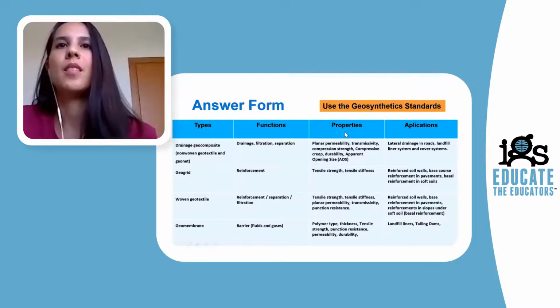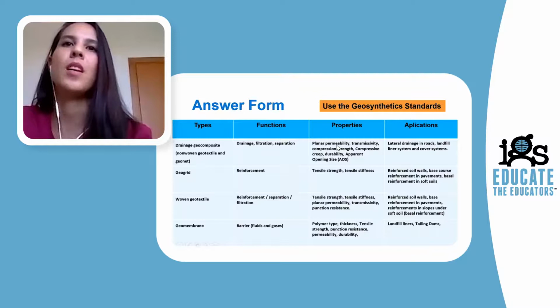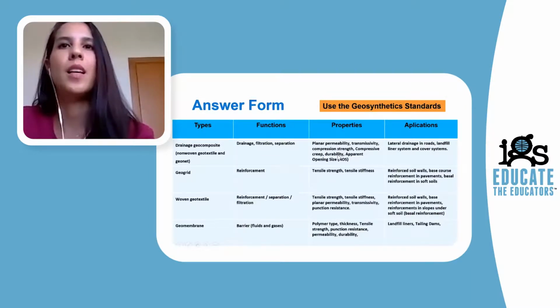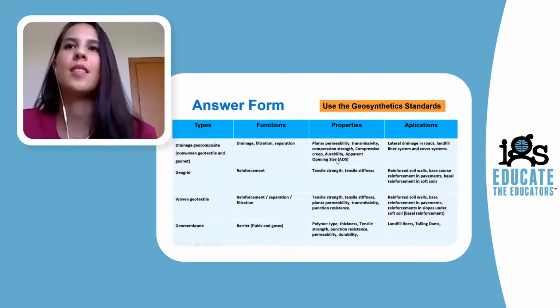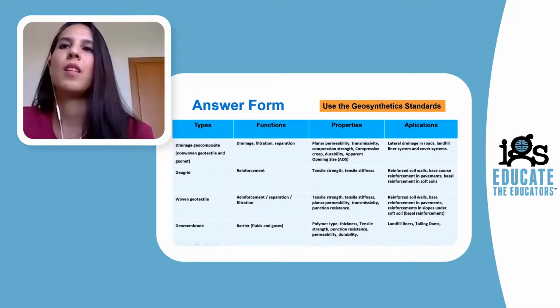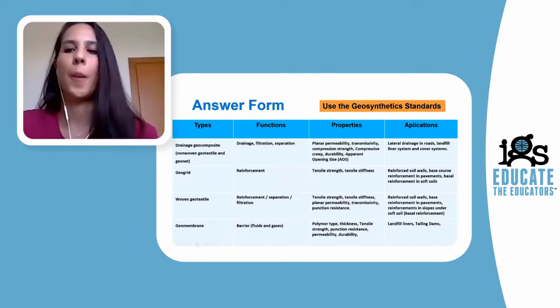For the properties: planar permeability, transmissivity, compression strength, compressive creep, durability, apparent opening size. And for the main applications: lateral drainage in roads, landfill liner systems, and cover systems.